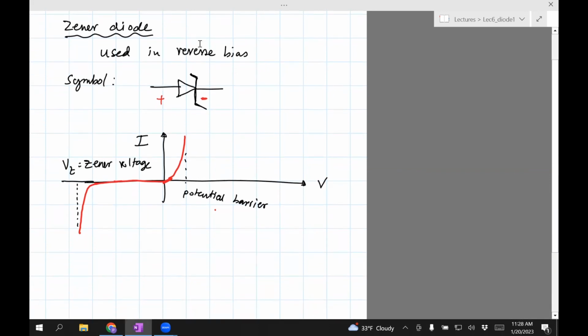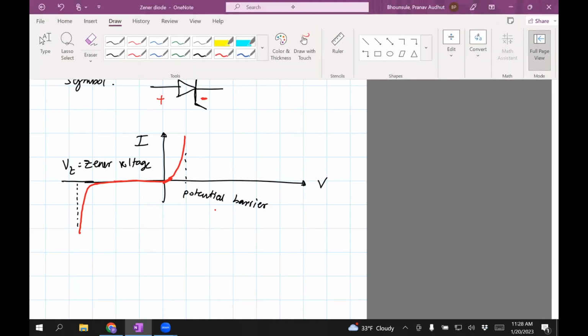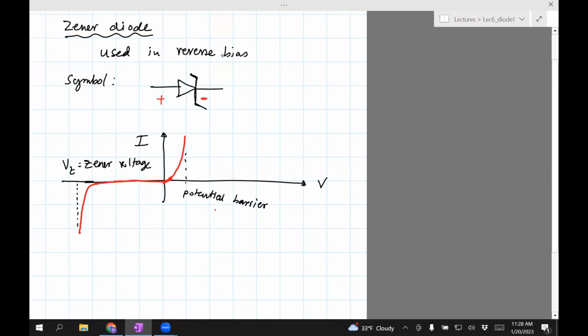So what's happening is when you connect this Zener in reverse bias, whatever voltage is applied up to the Zener voltage, it passes.